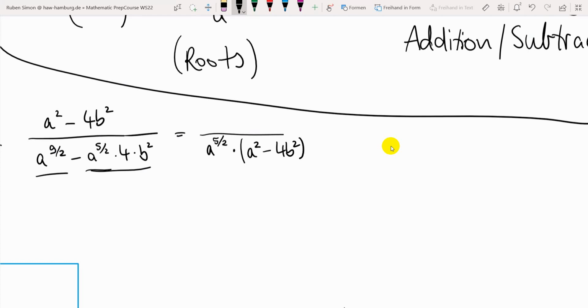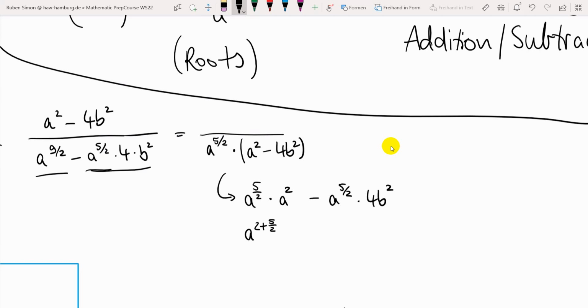So let's check if this is true by doing the counter operation. If you get rid of the parentheses again, you would have a to the power of 5 halves times a squared, and this minus a to the power of 5 halves times 4b squared. And now you have a, and this will be 2 plus 5 halves.